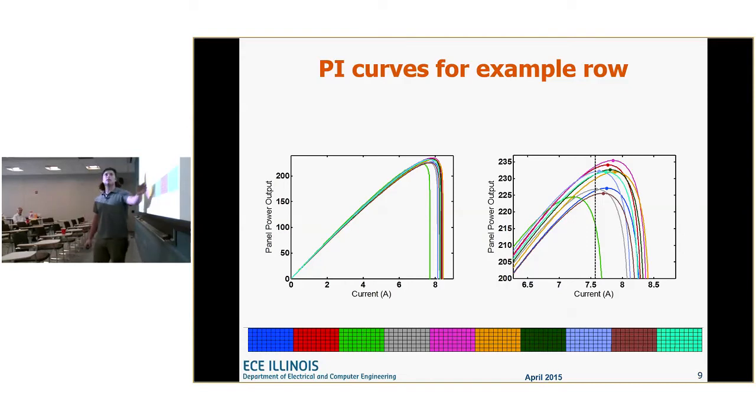This dashed black line shows the current which maximizes the power output of our total row, but we can see that only more or less one of the curves actually corresponds to that maximum power point current. So we're losing power from all the other curves because they can't all operate at their maximum power point.